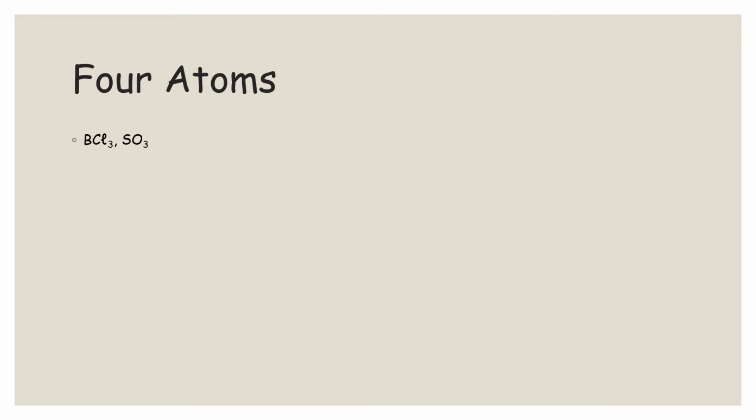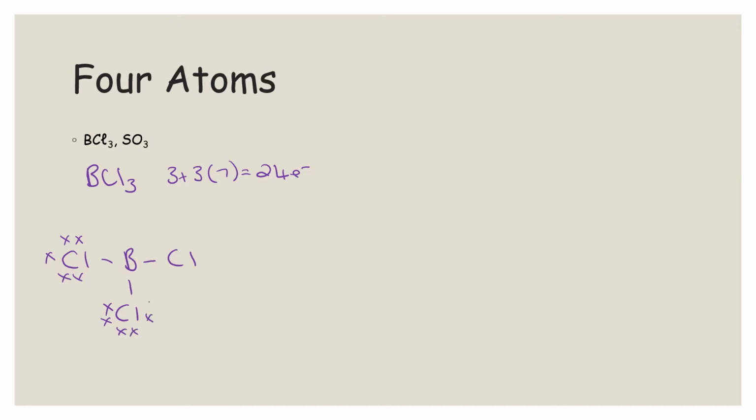Now let's try BCl3. Boron has 3 electrons and each of the chlorines has 7. So 7 3s are 21, 24 electrons. Boron is in the center, chlorine, chlorine, chlorine. Remember, boron is non-octet, which means it only wants 6 electrons around it.